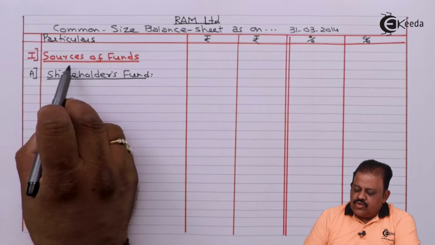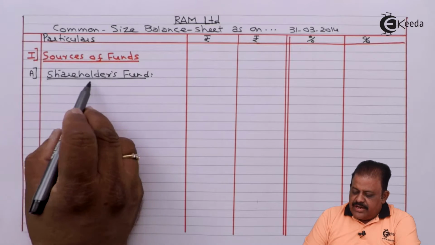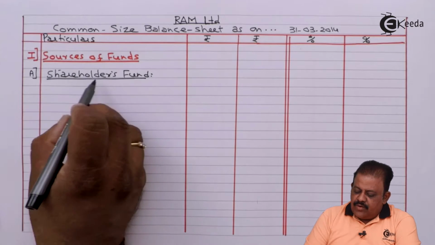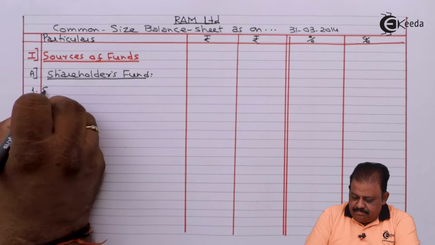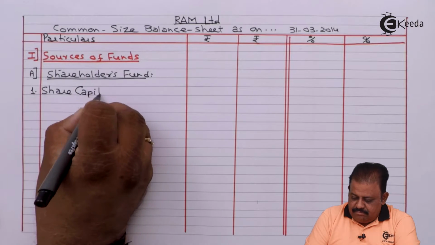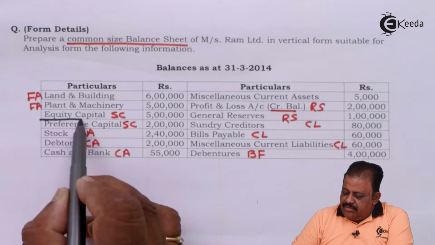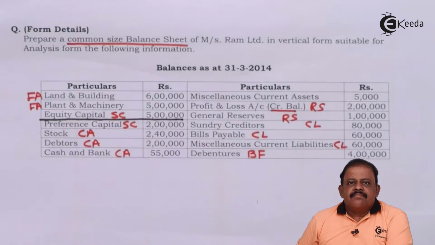First part of balance sheet, sources of funds. There we'll have first shareholders fund. In shareholders fund, first we'll have share capital. In share capital we have equity share capital 5 lakhs.